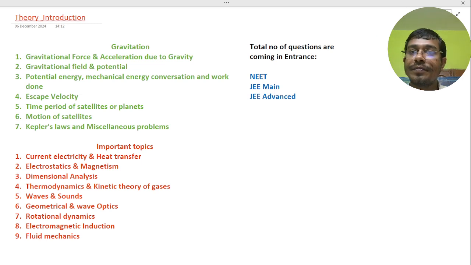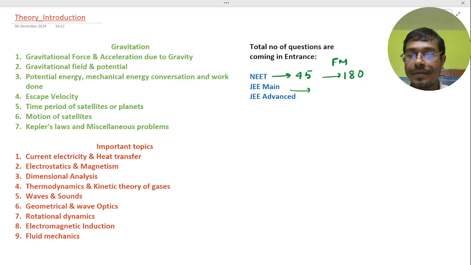miscellaneous problems. Basically the total number of questions coming in these exams: in the NEET exam, physics has 45 questions and maximum marks of 180.